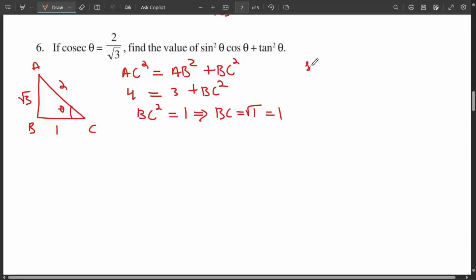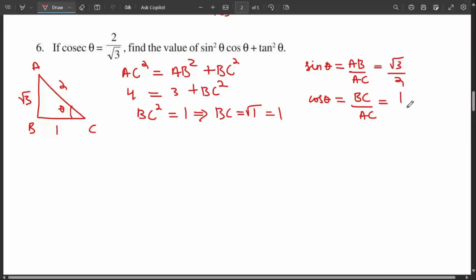So sine theta will be equal to opposite side AB divided by the hypotenuse AC. AB is equal to square root of 3. AC is nothing but 2. Then cos theta equals adjacent side BC divided by the hypotenuse AC.